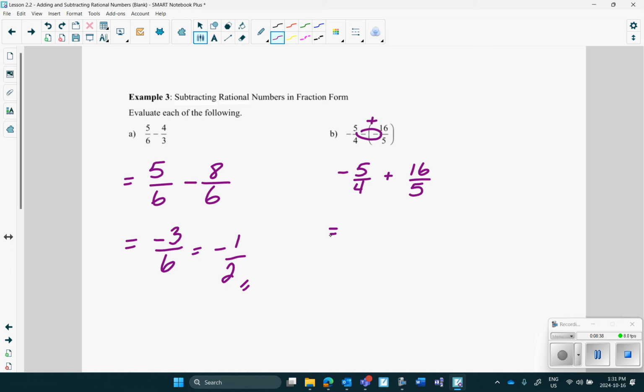Common denominator, smallest number that 4 and 5 go into, 20. Remember that first one has got a negative in front. So 5 over 4 is the same as what over 20?